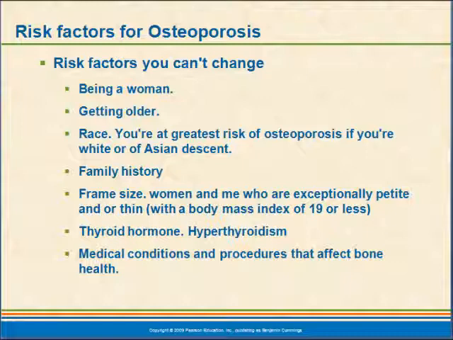Hyperthyroidism. If you are hyperthyroid, you are more likely to develop this condition. And a number of other medical conditions and procedures that can affect bone health. But those are things that you can't change. I would say that if you do have a thyroid disease, that can be treated, and you should make sure that you treat it or get it treated appropriately.